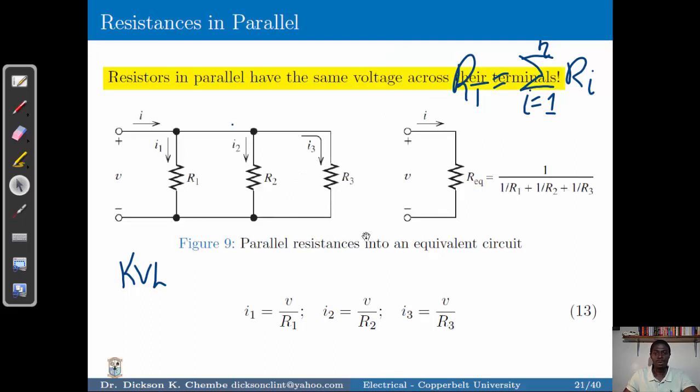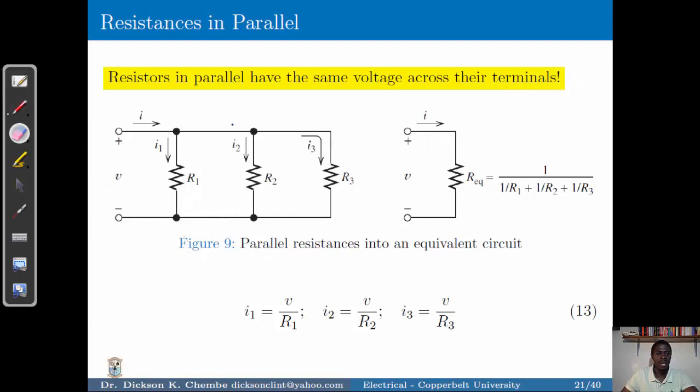Okay, so now when we look at resistances in parallel, we get a different scenario. In this case, we have resistor 1, resistor 2, and resistor 3 connected in parallel. What you notice is that the currents in this scenario are not the same.